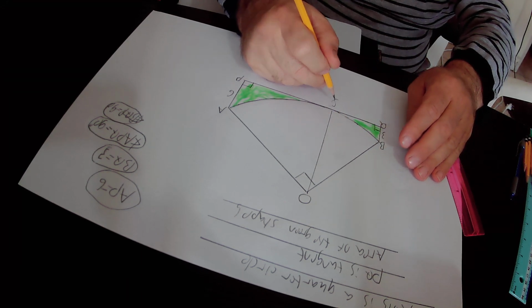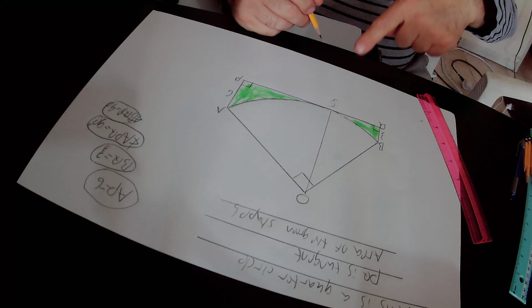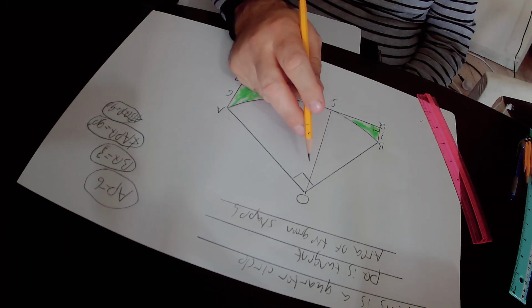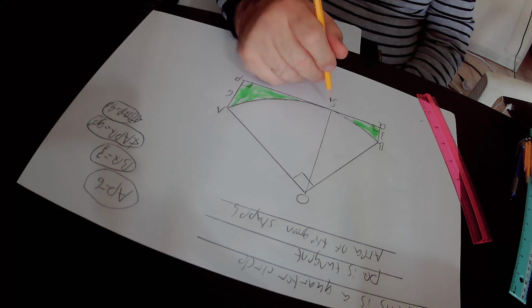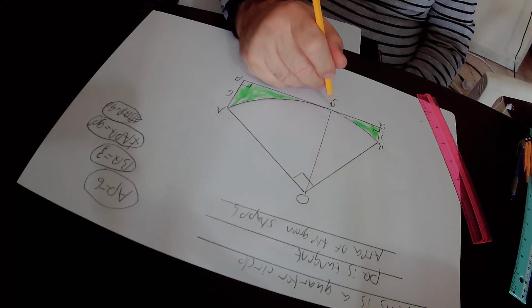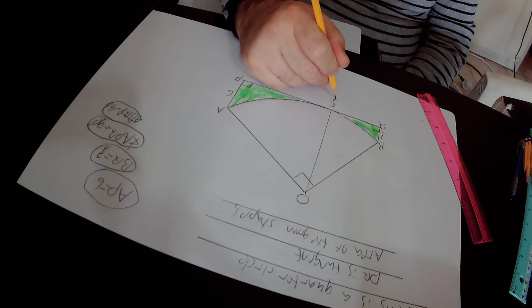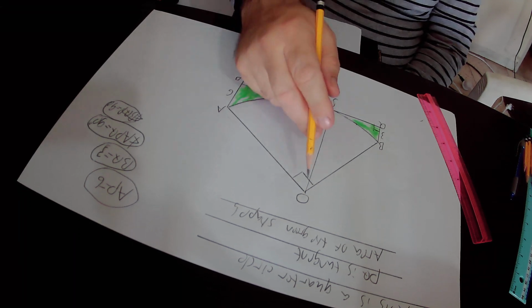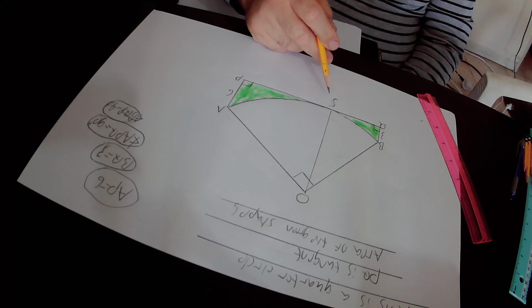So, what is the definition of line segment OS? Line segment OS starts from point O, that is the center of the quarter circle, and ends at point S, that is a point on the quarter circle itself. So this is exactly the definition of a radius. Therefore, OS is the radius of this quarter circle.